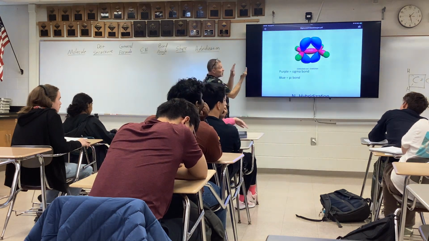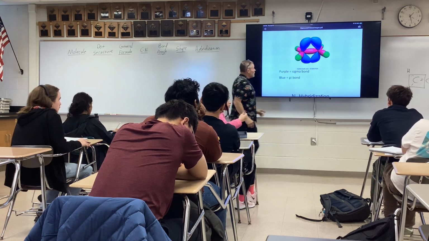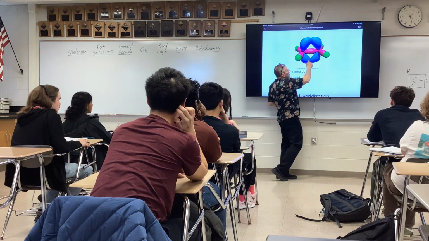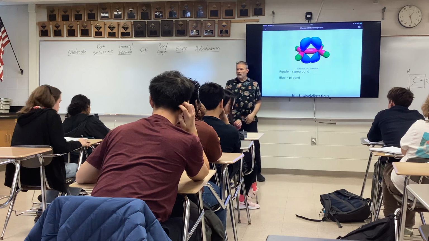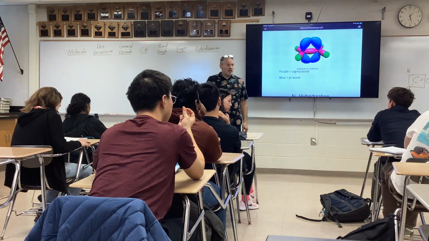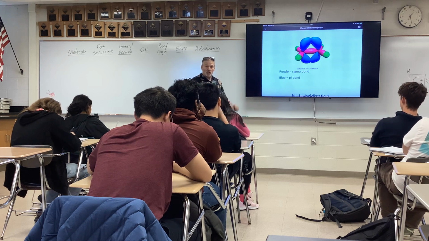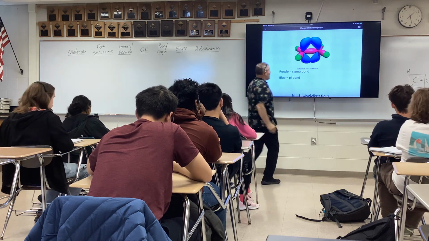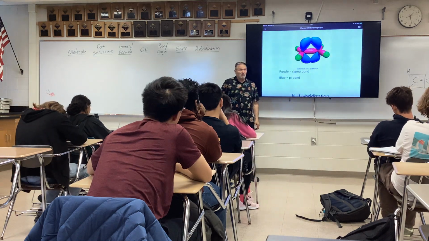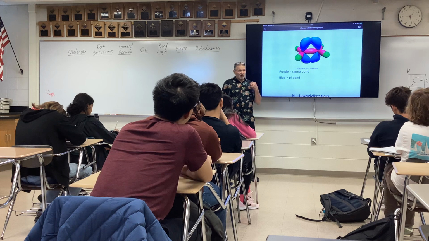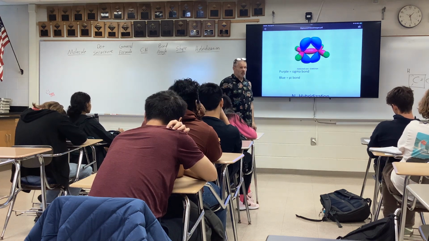Again, they're parallel to each other, but we imagine that they overlap side to side. And so the significance is the electrons are being shared in a region of space that's not directly between the 2 atoms. Pi bonds are not as strong. You might say the electrons are hanging out in space, so to speak. They're not nestled down in here between the 2 atoms. There's a difference between sigma and pi bonds, how the electrons are being shared.